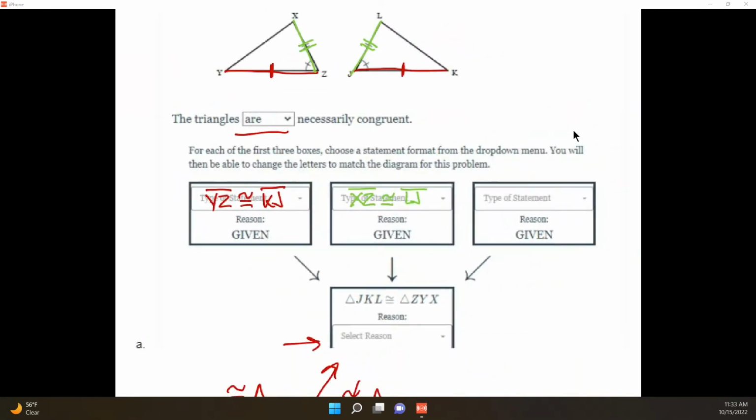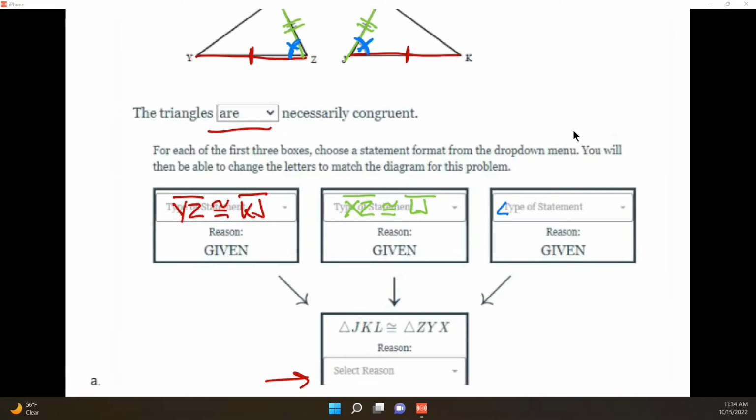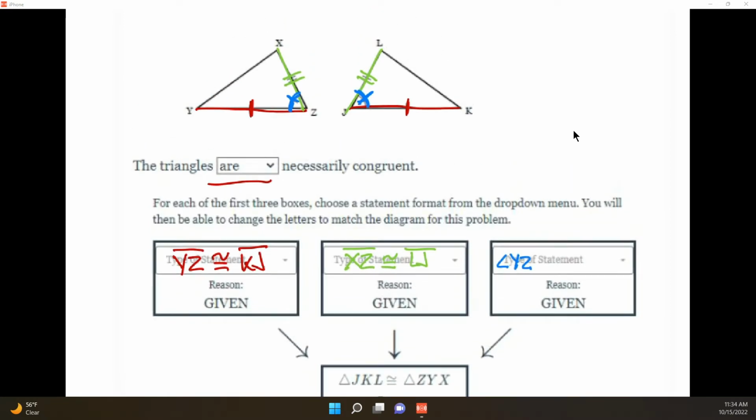And then the last thing that's actually given to us are two angles. So we see the arc right here with a tick, and this arc right here also with a tick. Because those two arcs have one tick on them, we know they are congruent to each other. So we know that angle YZX is congruent to angle KJL.